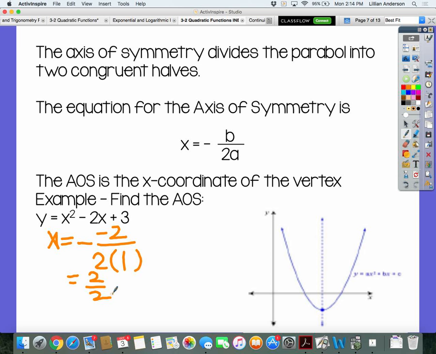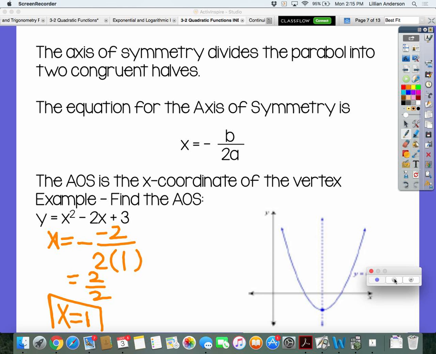So our axis of symmetry is the equation x equals 1. And that also tells us that the x-coordinate of our vertex is also 1. Okay? Questions on that? So we use negative 2 because b is negative 2, you take the sign with it. So then that negative and that minus turns into a positive. Others?